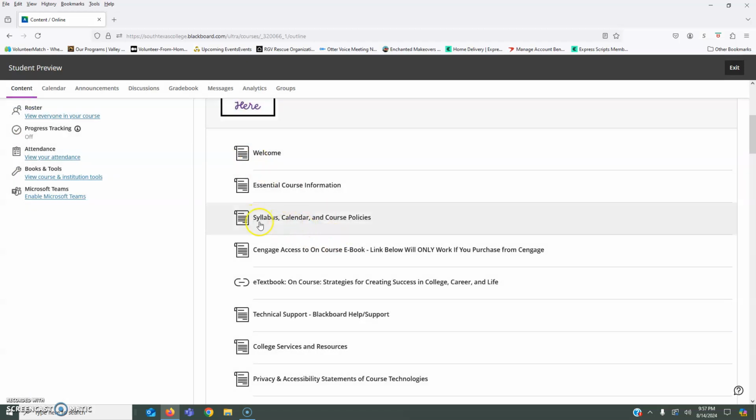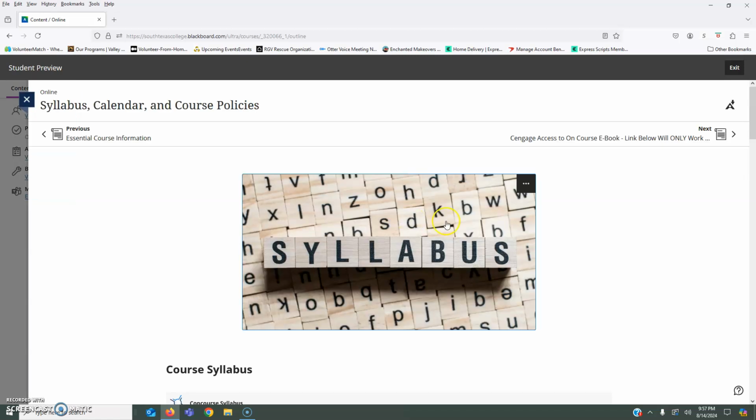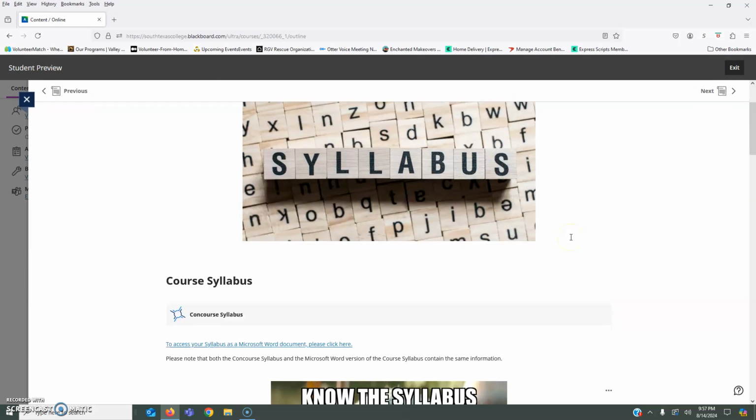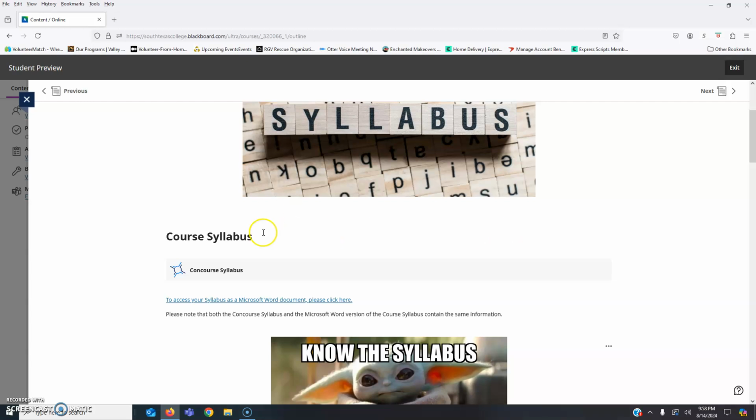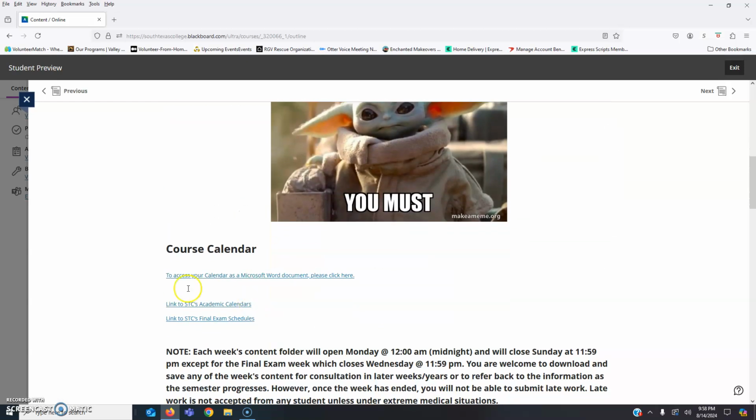The next section is called Syllabus, Calendar, and Course Policies. Let's go there next. Those are some very critical pieces of information I have available to you. You can see that the syllabus is available both in the Concourse form and the traditional Microsoft Word format. And I would recommend that you print out the syllabus and also the calendar, which appears here in Microsoft Word.